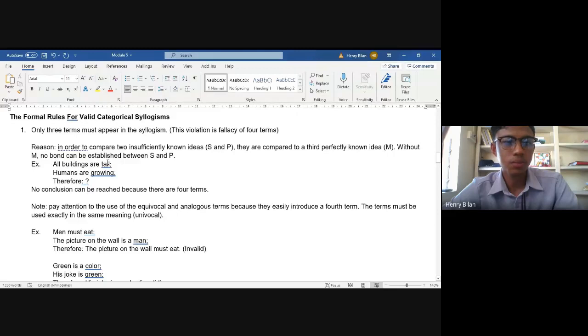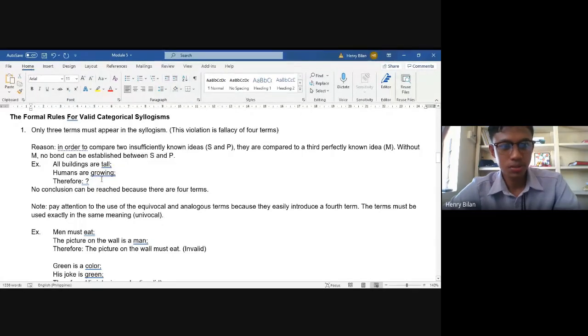For example, all buildings are tall, humans are growing. So we cannot deduce any conclusion because our premises are faulty. Let us count how many terms are there in the premises alone. So 1, building. 2, tall. 3, humans. 4, growing.